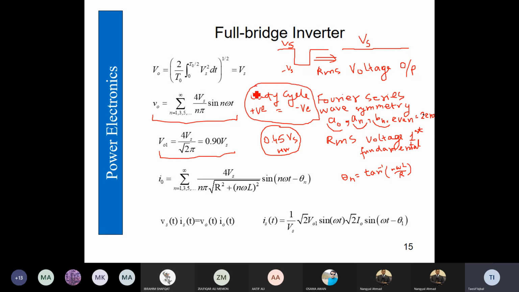So we have to follow carefully the duty cycle in positive cycle and negative cycle, and therefore keeping the wave symmetry, all these components are automatically going to be 0. So now we end up with Vn, this is Vn, for n equal to 1, 3, 5, only odd numbers.